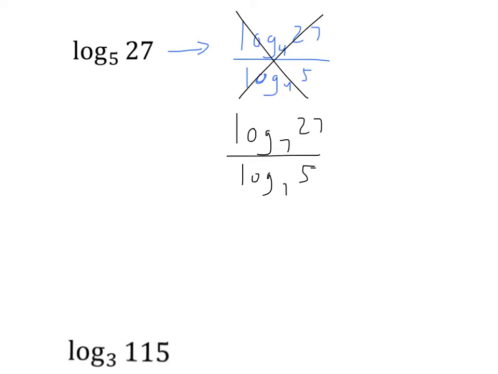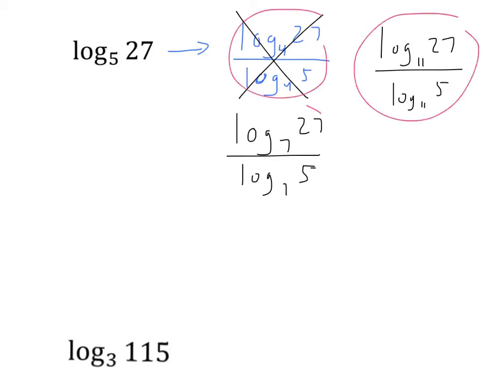This is also going to be the same as the log base 11 of 27 divided by the log base 11 of 5. So all of these things are equal to each other. That's what the change of base says. It says you can make this into a division problem using a different base, whatever base you want.